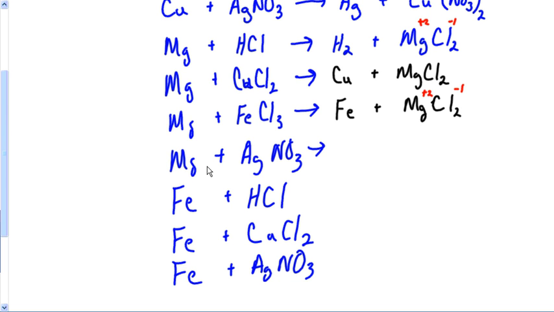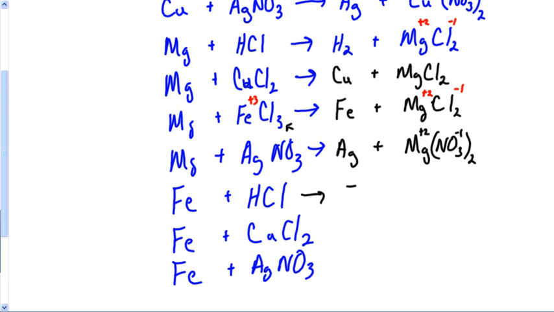Just because you saw a 2 on that, or 3 on that side, doesn't mean it goes to the other side. The reason I put a 3 there is because that's a plus 3. So let's keep going. This one would be Ag plus MgNO3 2. Again, that's because that's a plus 2, minus 1.